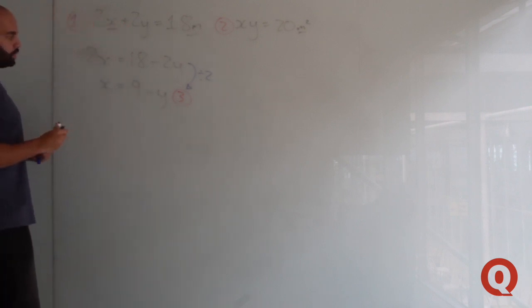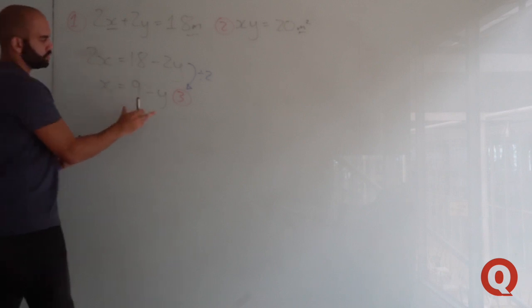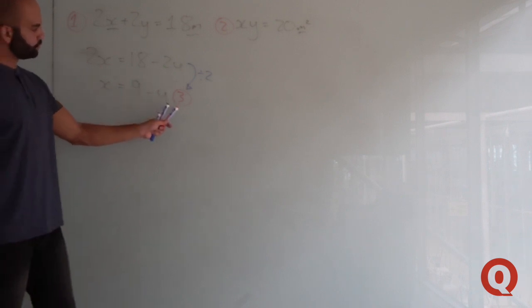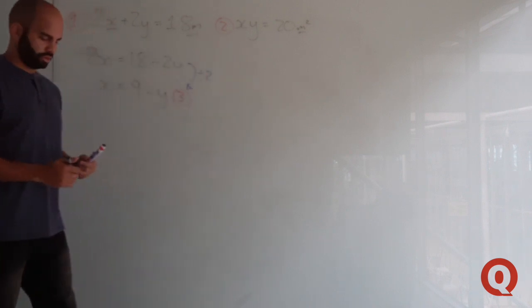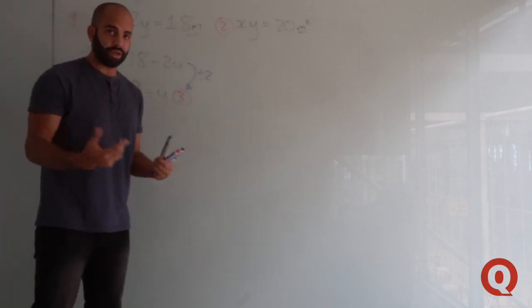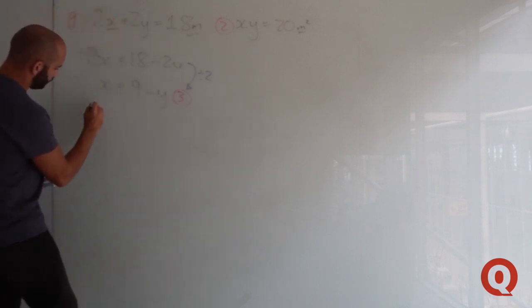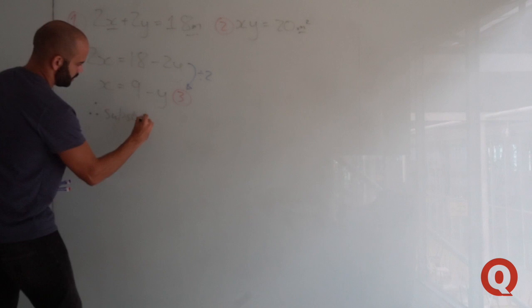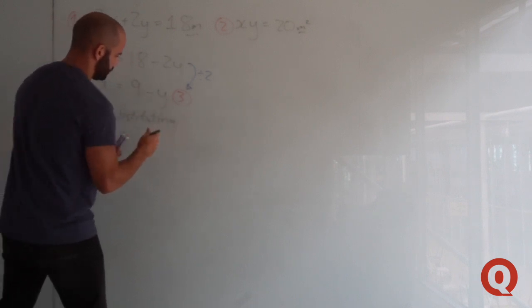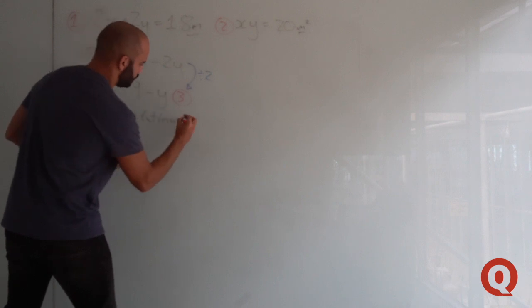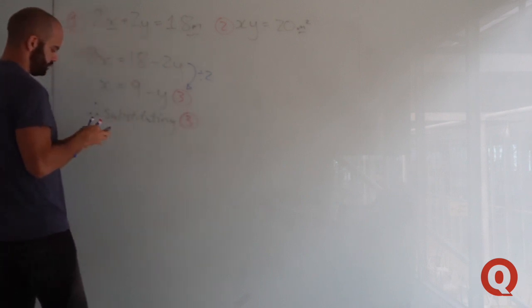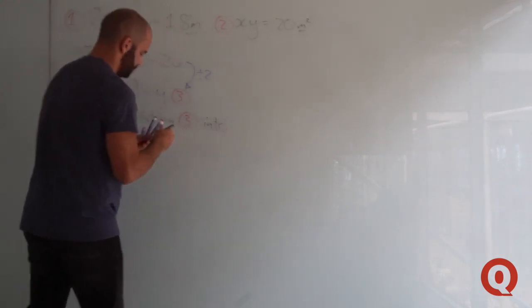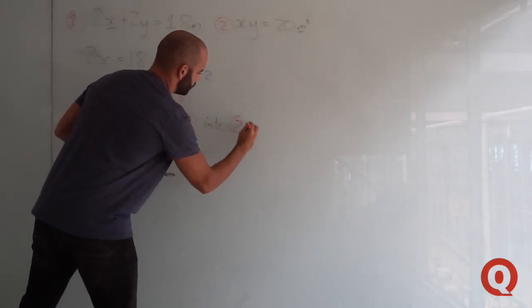Now, how can we eliminate x so that we could solve just in terms of y? Well, we would want to substitute equation 3 into equation 2. So let's do that. What's the first step now to do? Is to say, therefore, substituting 3 into 2.